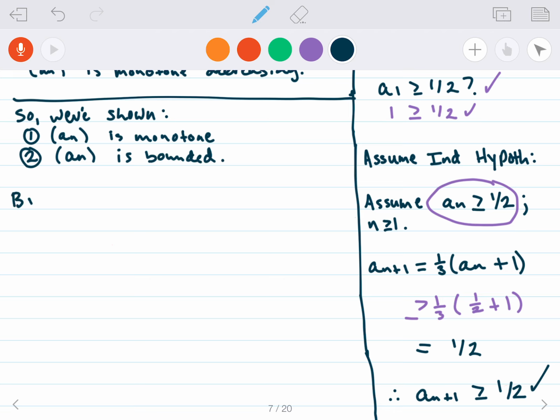And so by the monotone convergence theorem, the sequence is going to converge to some limit L. We don't know what it is yet, but you probably have an idea from our scratch work.